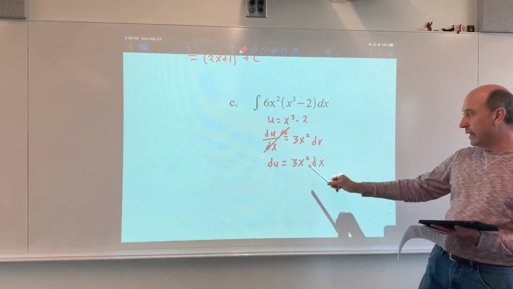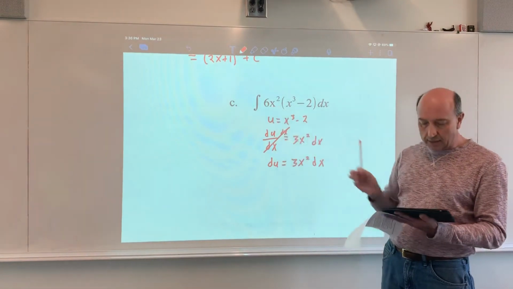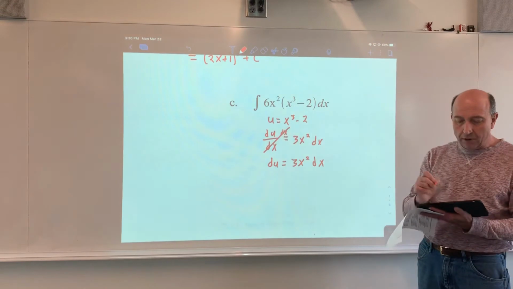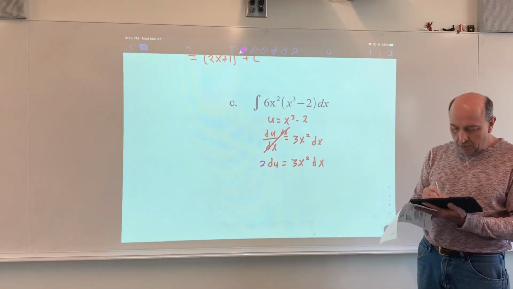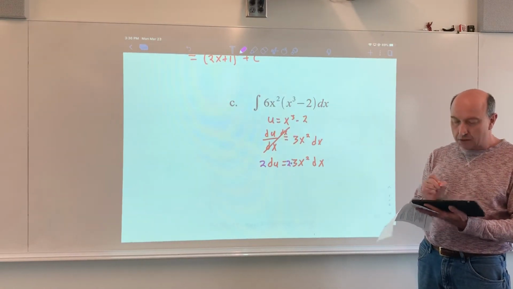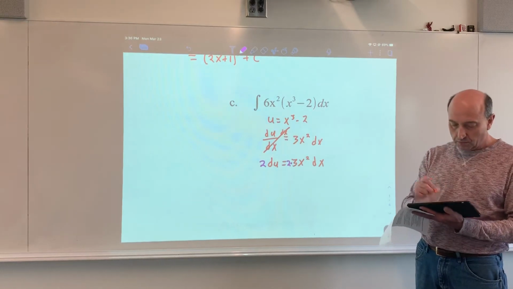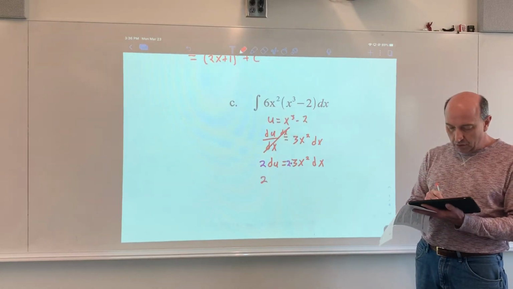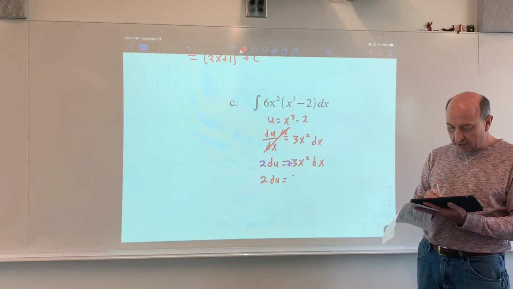What were we hoping to get? Oh, 6x squared. That is a minor drawback. All we need to do to fix this problem is multiply both sides by 2. So now we have 2 du equals 6x squared dx.